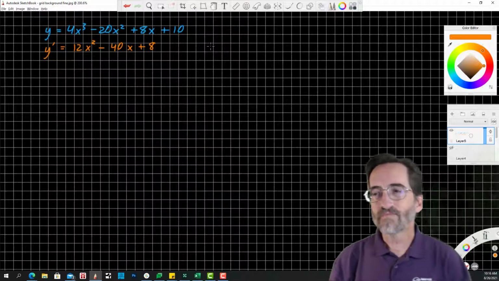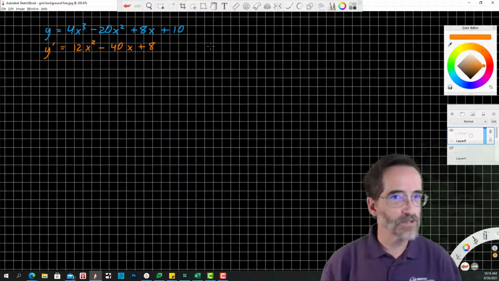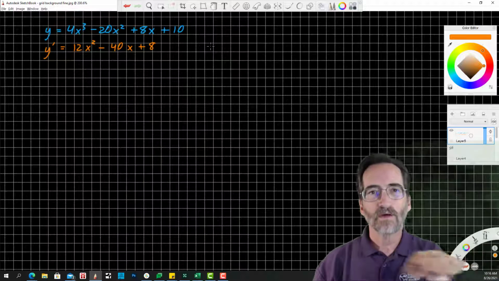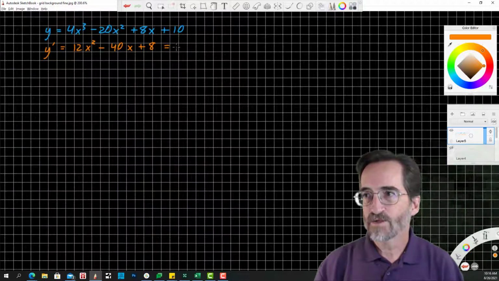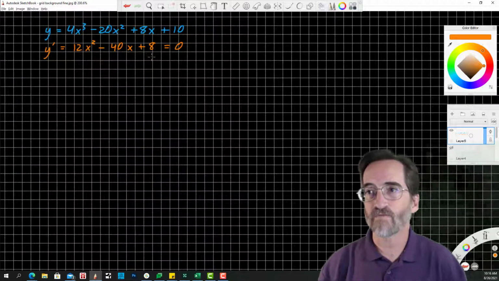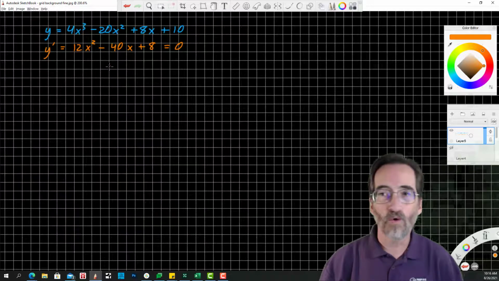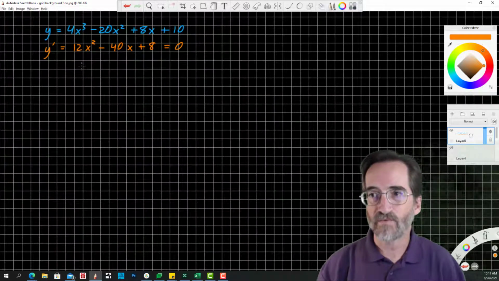At this point, I'm interested in where the slope is 0, because these are my critical points. These are where the graph of the original function is going to be flat. So I'm going to set this equal to 0 and solve. You may notice that the coefficients are all multiples of 4, so I might try dividing everything by 4 to simplify things.